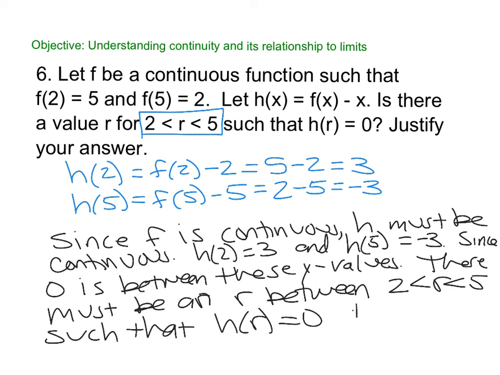And then sometimes I'll throw in by the IVT. You don't have to actually say the IVT, or sometimes I'll throw it in at the beginning. By the IVT, f is continuous, and we have the positive, we have the negative, so the value has to be between them.